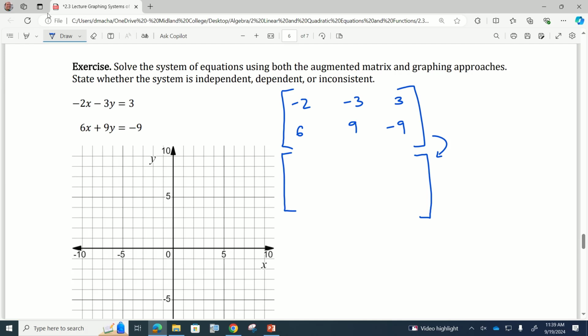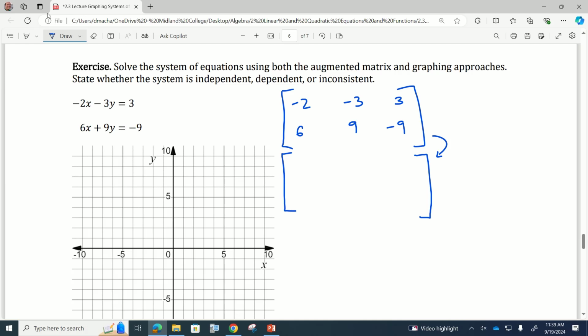Ideally, I'd be able to add the second row and get a +1, but that's not going to work, right? If I add 6, it's going to overshoot. It's going to give me a +4. That doesn't work. I could try to take the first row and divide by -2, but if I did that, I would end up with 3 halves, right? And I don't want fractions.